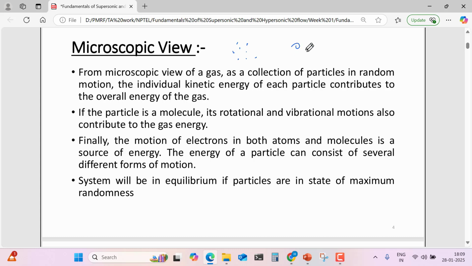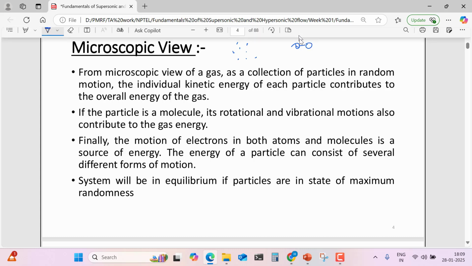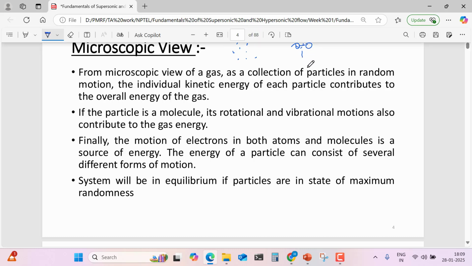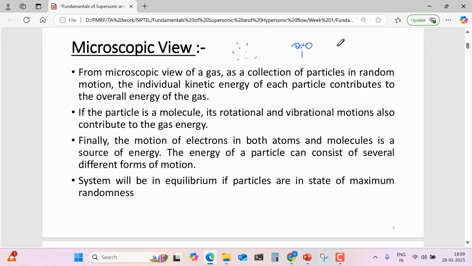And if this particle is a molecule, then this molecule can also have rotational energy about an axis, and it can also have vibrational energy. So these rotational and vibrational energies also contribute to the energy of the gas.